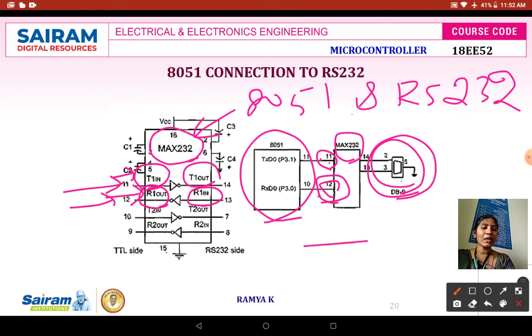DB9. In the DB9 connector, the first pin is data set ready, the second pin is RXD, and the third pin is TXD.